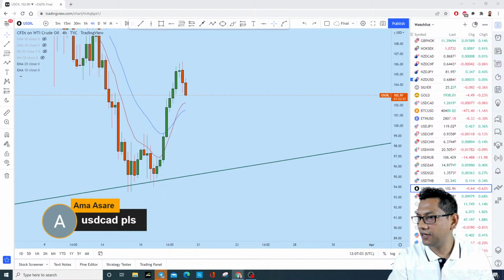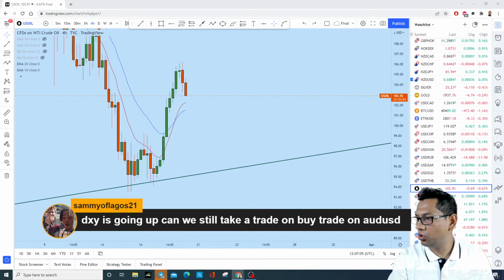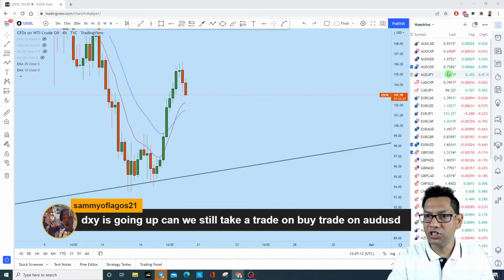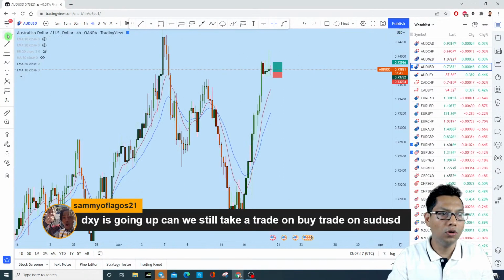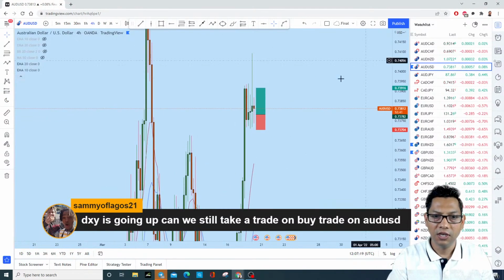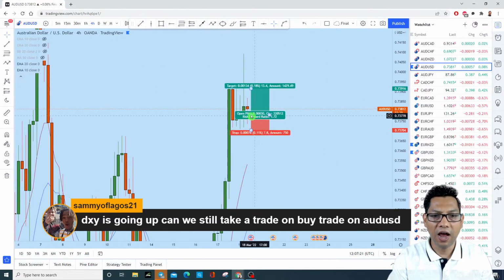Sammy said that DXY is going up. Can we still take a buy trade on the Aussie dollar? The thing is that the Aussie dollar is not suitable for a long-term big trade. Let's see how this 4-hour candle is closing.